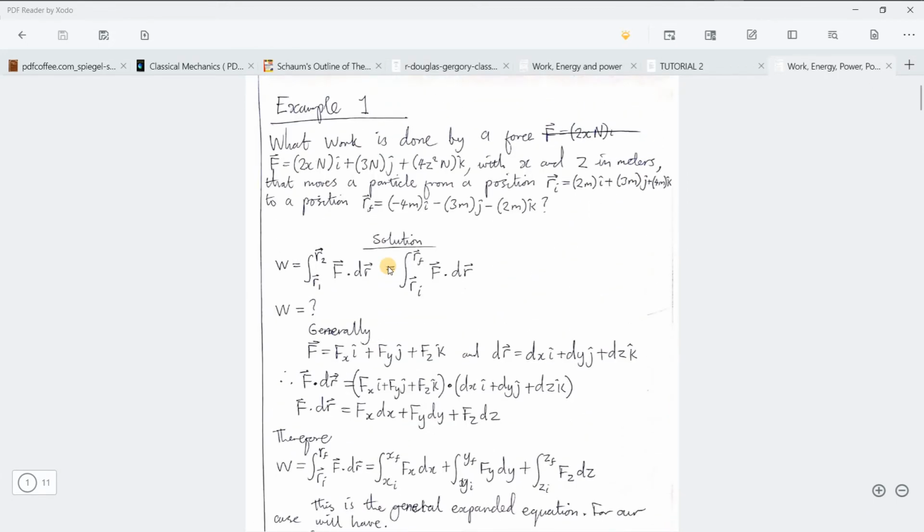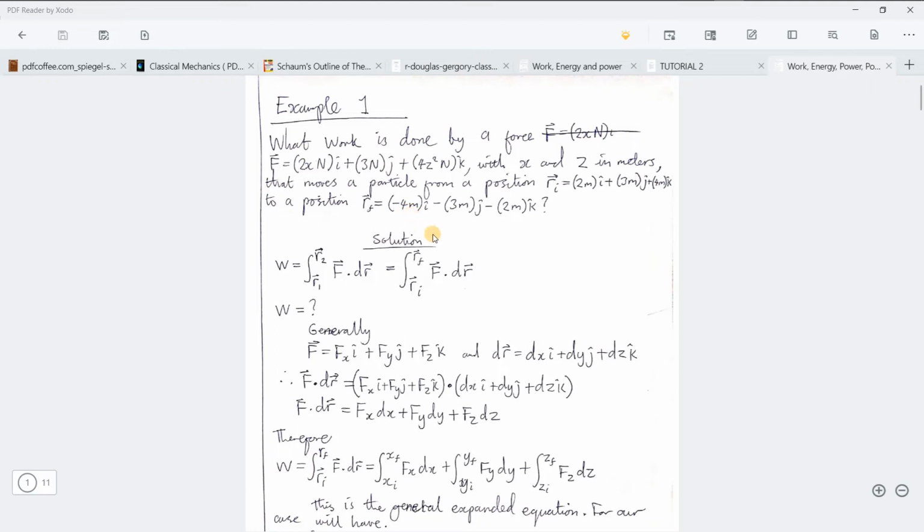Now when you look at your question, look at Ri. Ri is the initial position, so it has its initial position in the x, in the y, and in the z. And Rf is the final position, and it has its final position in the x, in the y, and in the z. So our xi should be this initial position in the x, and our x final should be this final position in the x here.